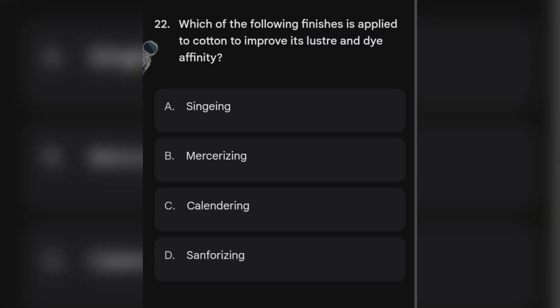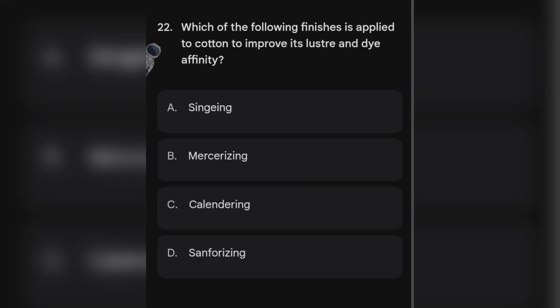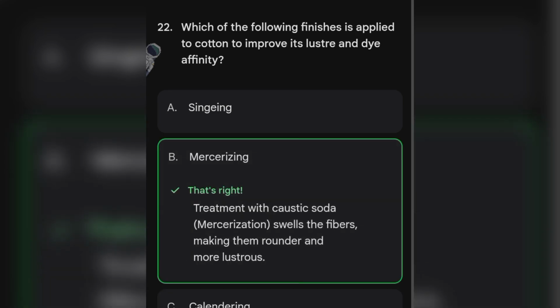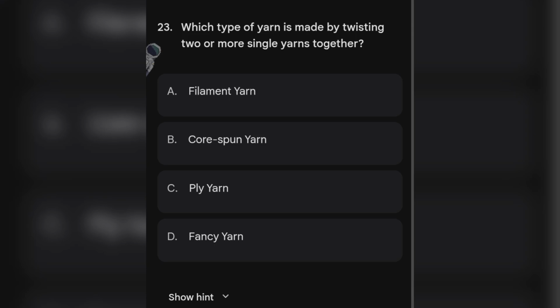Which of the following finishes is applied to cotton to improve its luster and dye affinity? Mercerization is used as the finishing process to improve luster and dye affinity. Which type of yarn is made by twisting two or more single yarns together?